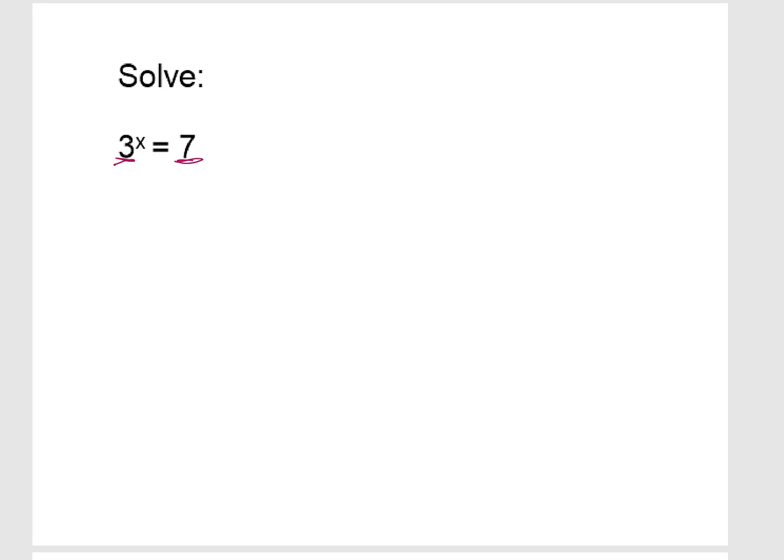So this would be the case where I'd say, what I do to one side, I do to the other. That's always our rule in equations, right? So in that same fashion, I can take the natural log of both sides. Once I do that, I can pull the exponent out to the front.